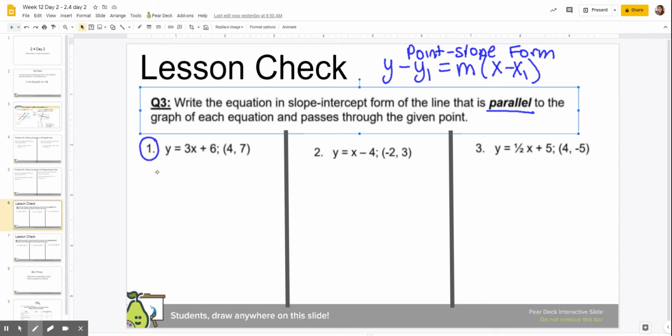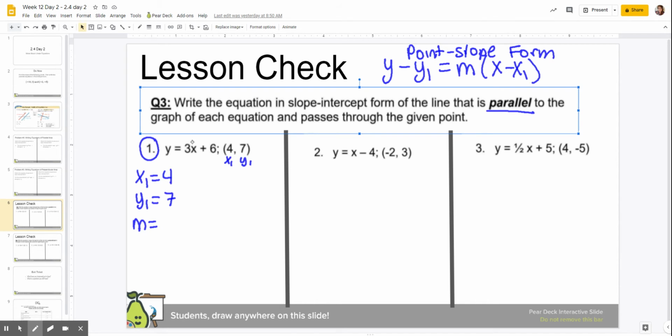If I look at this problem here, I see that I have a point of x1, y1. I know my x1 is positive 4 and my y1 is positive 7. So I have the point. And now I need to identify my slope in order to use this equation.